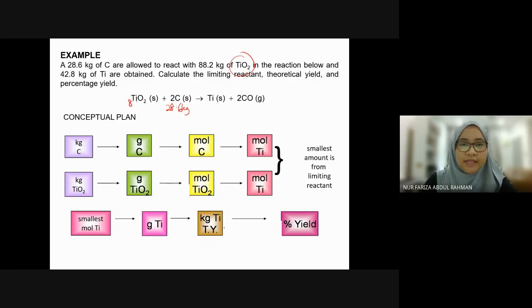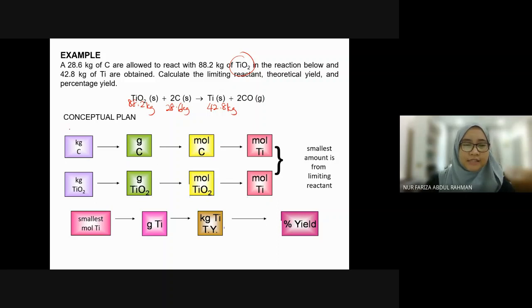So we have 88.2 kilogram. So titanium is the product. So we have 42.8 kilogram. Okay, all right. So the mission is to find the limiting reactant first. Okay, all right. So this is the plan.